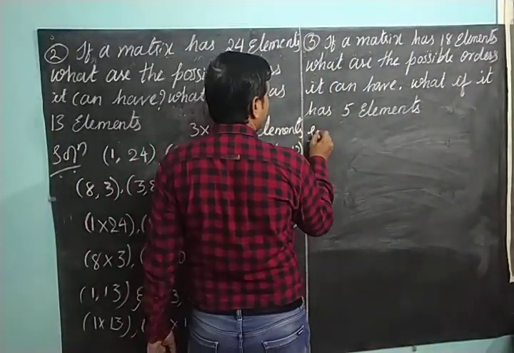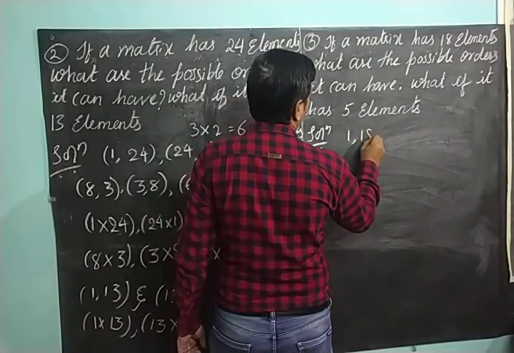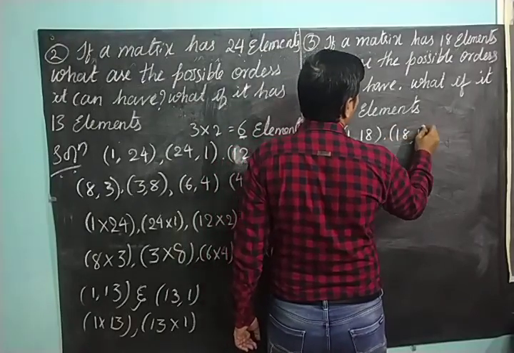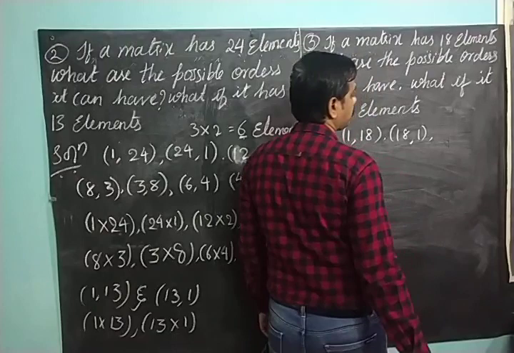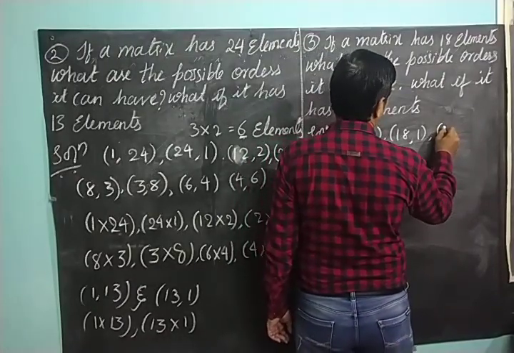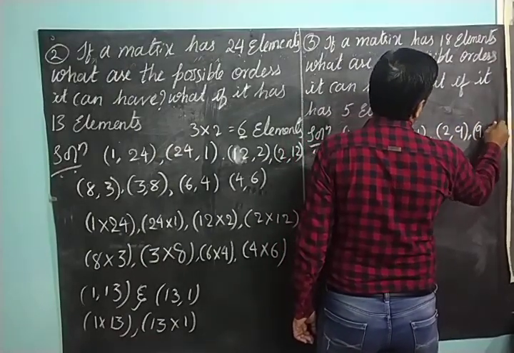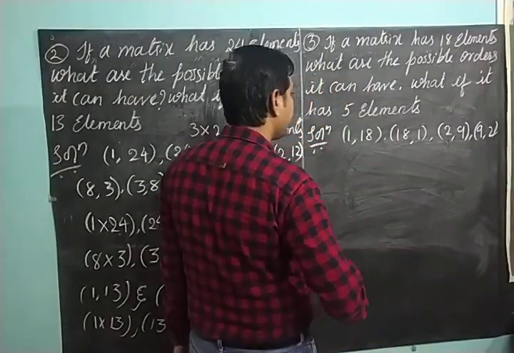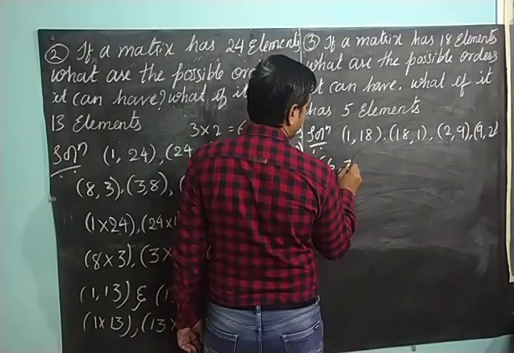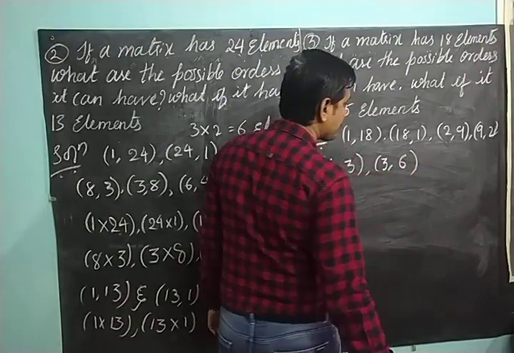It will be 1 comma 18, 18 comma 1, then I can write 2 comma 9, 9 comma 2, then 6 comma 3, 3 comma 6.